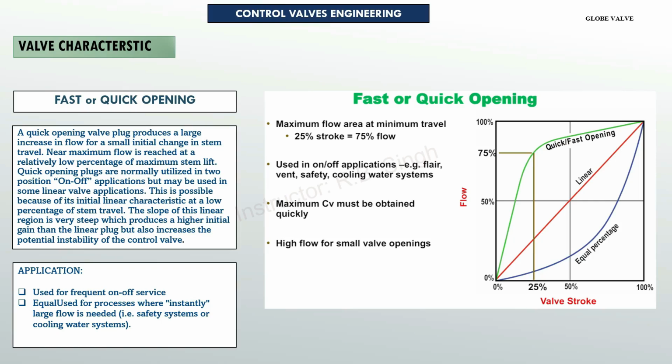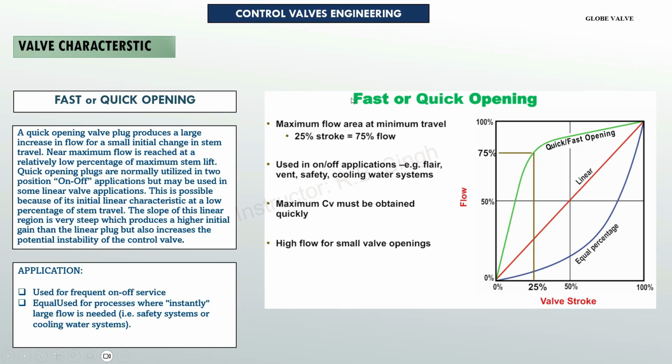This is possible because of its initial linear characteristic at a low percentage of stem travel. The slope of this linear region varies steeply, which produces a higher initial gain than the linear plug, but also increases the potential instability of the control valve.